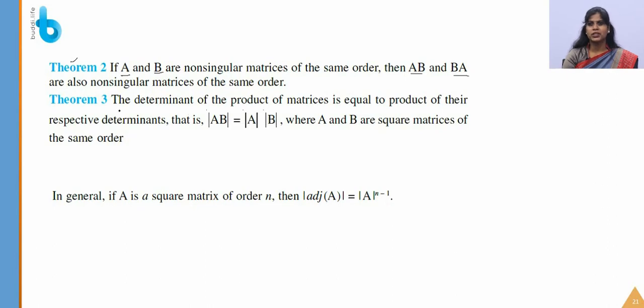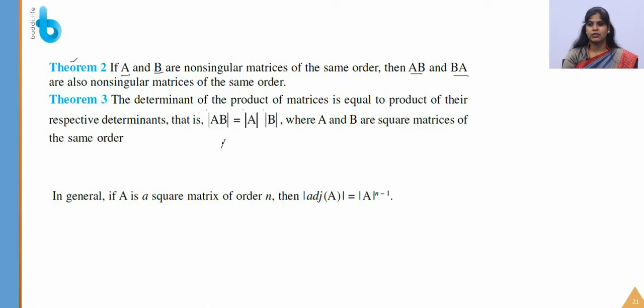Then theorem 3: the determinant of the product of matrices is equal to the product of the respective determinants. Suppose you are taking two matrices, A and B, and finding the determinant.